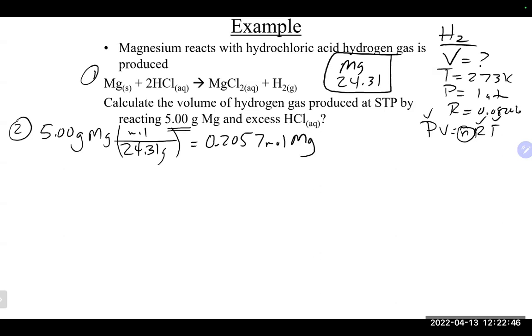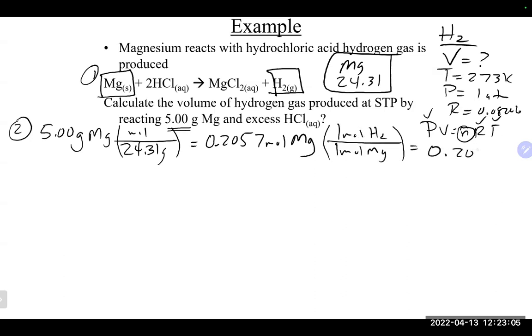That is, again, where the stoichiometry comes from. It is a 1-to-1 relationship between those two from the equation. That makes it pretty simple. That's going to be 1 mole of magnesium on the bottom, 1 mole of H2 up on top, giving us 0.2057 moles of H2. Any questions up to there?